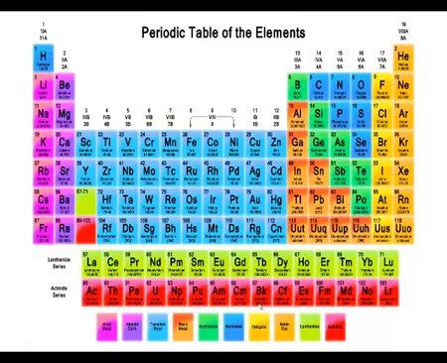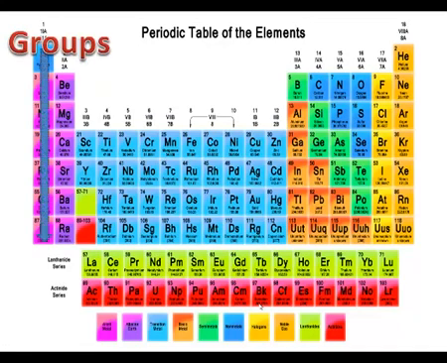A quick breakdown of the periodic table. The groups. The groups are made up of all of the columns. So each group contains all of the atoms in the periodic table below it, or above it for that matter, I guess.